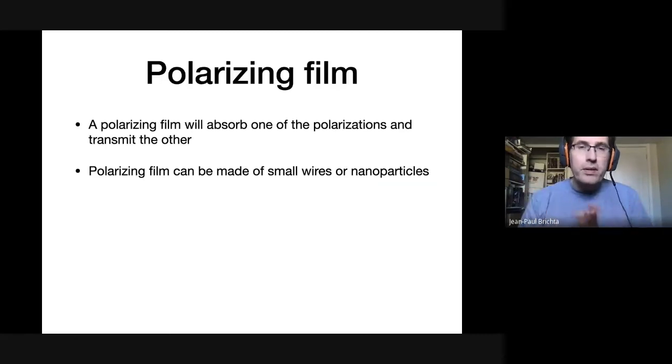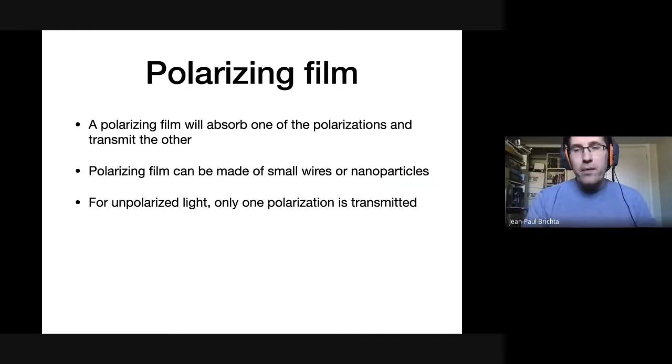So as you saw on that video, the filter that he was using, the polarizing filter, was actually made of a bunch of wooden slats. And polarizing film is similar in that it's made of very small wires or nanoparticles, and those basically have an orientation to them. So in a very simple case, a linear polarizer, those wires will all be lined up in one direction, like vertically or whatever.